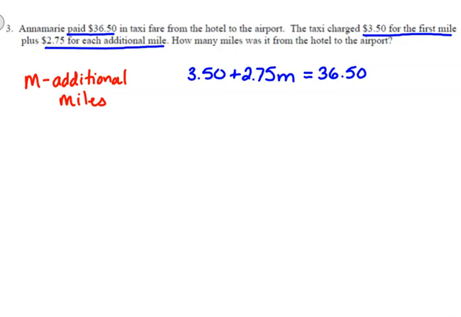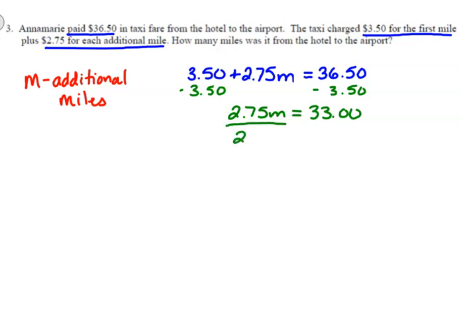So let's find out how far she went. I'm going to subtract my $3.50. So $2.75 times M, right? So the $36.50 minus the $3.50 gives me 33. And now we are dividing, so just watch those decimals.